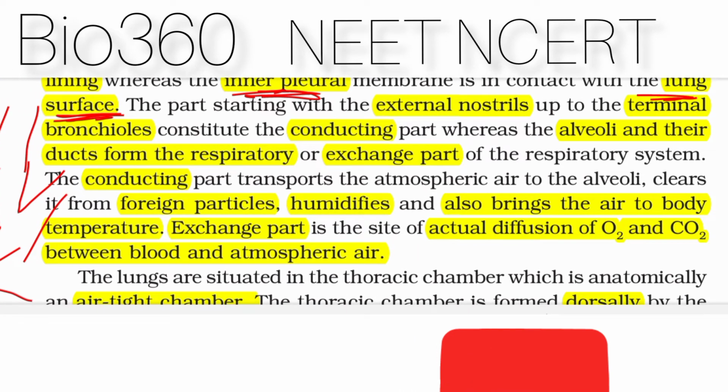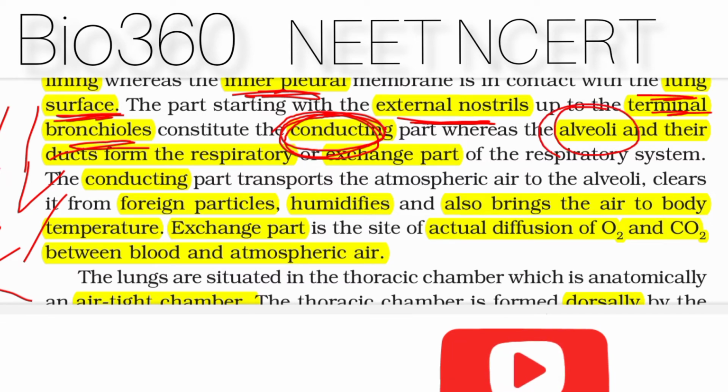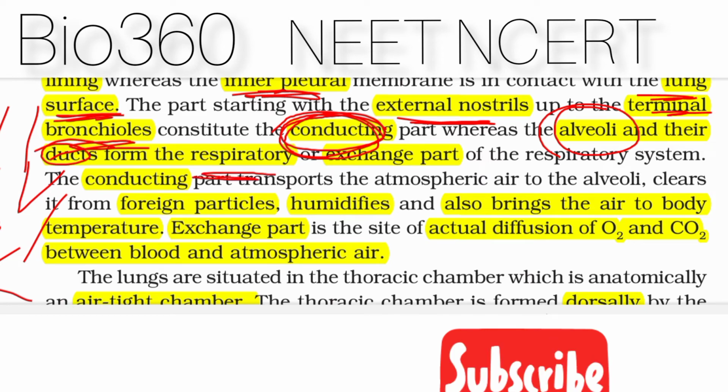The part starting with external nostrils up to the terminal bronchioles, we call the conducting part. Whereas our alveoli and their ducts form the respiratory or exchange part, where actual exchange of gases occurs.